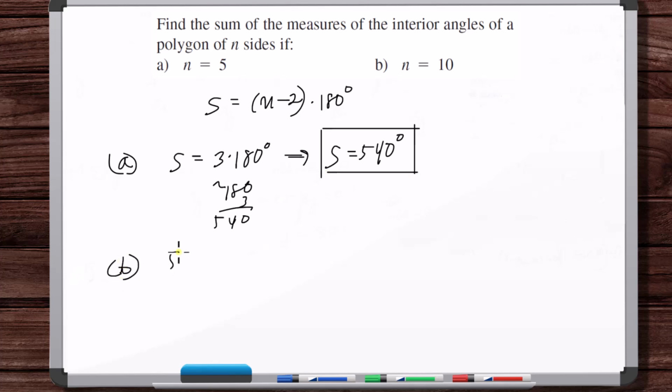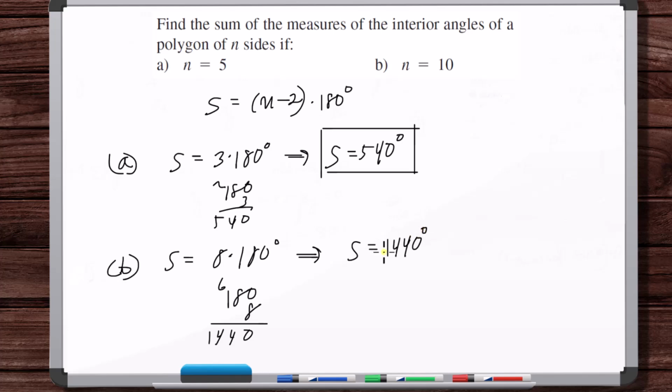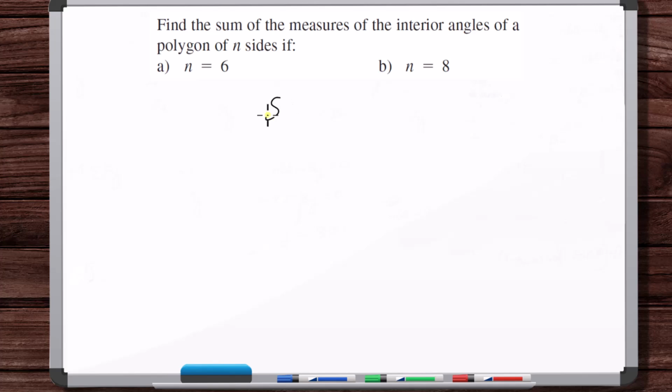If n is equal to 10, we've got 8 times 180 degrees. So the sum of the measures of the interior angles of a polygon with 10 sides is 1,440 degrees. Okay, same problem, just different number of sides. So the sum of the measures of the interior angles is n minus 2 times 180. So in the case where n is equal to 6, 6 minus 2 is 4.